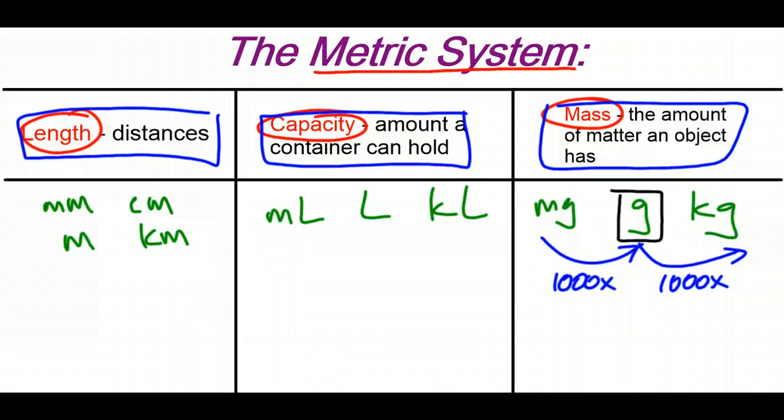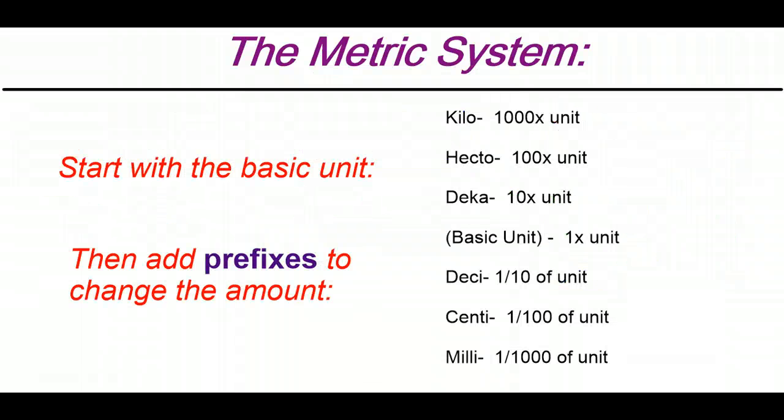So a kilogram is just 1,000 grams. And so every unit in the metric system, kilometers, meters, centimeters, millimeters, kilograms, grams, milligrams, kiloliters, liters, milliliters, etc., each of those units is just based around whatever that most basic unit is.